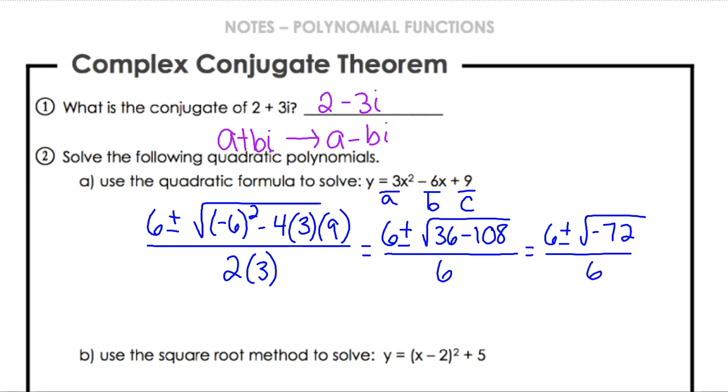And then if I simplify the square root of 72, 36 goes into 72. So that would turn into 6. It's imaginary because of the negative, and I'd be left with the square root of 2, all over 6, which means it simplifies to 1 plus or minus i root 2. So these 6's reduce to 1, these 6's reduce to 1. All right.